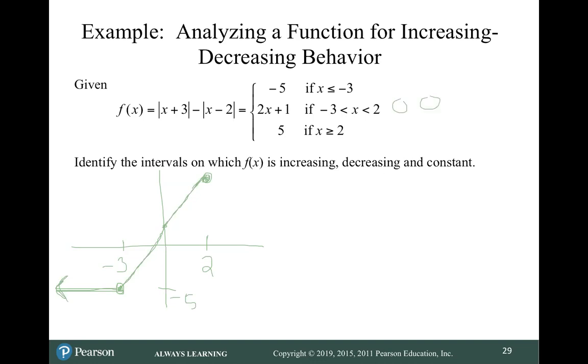This endpoint is filled in. This endpoint is filled in. How can I tell? Because of that equal to sign. Our last part, if x is greater than or equal to 2, starting at 2, then my y value is 5. There it is. Now, hopefully you're doing this on graph paper. It'll be much easier to see if you're doing it on graph paper.